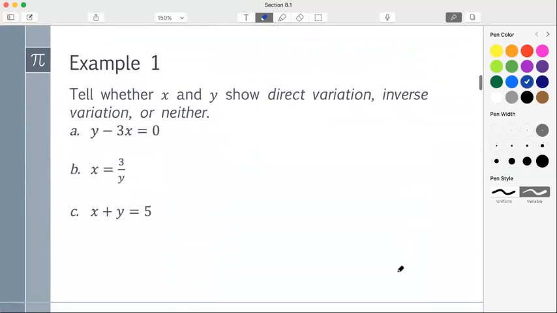All right, so here's example one. We're going to tell whether x and y show direct variation, inverse variation, or neither. Basically what I like to do is ask, can I solve for y? So y equals 3x in the first one. Notice how that is in the form y equals ax. So therefore, this is what we call direct variation.